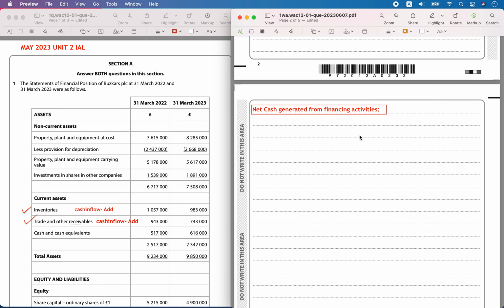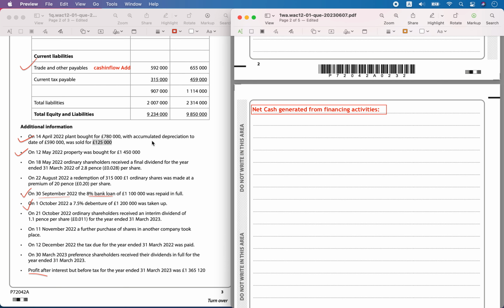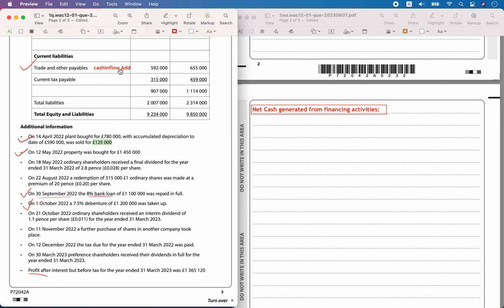So let's see the net cash generated from the financing activities, for example, dividend payments. Let's include all that.